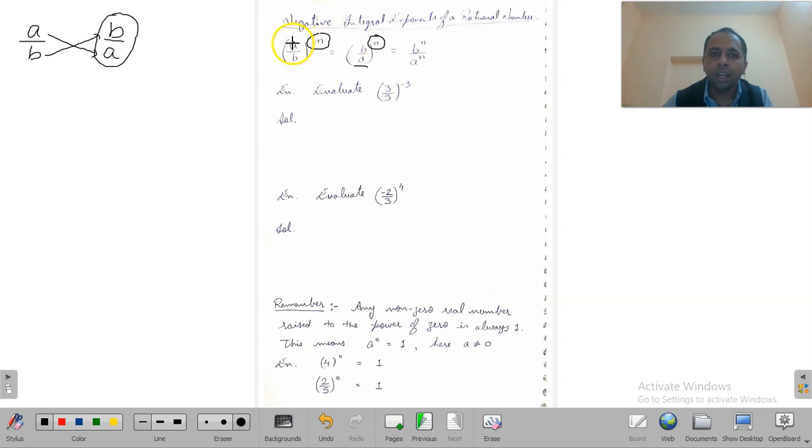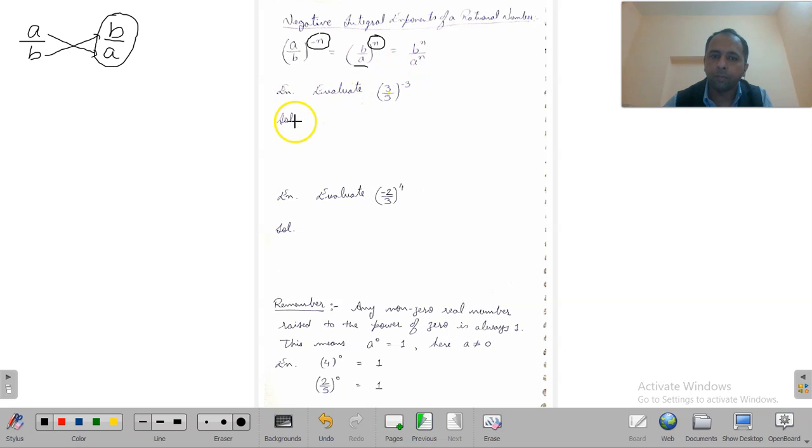So (a/b) to the power minus n can be written as (b/a) to the power n, and we have just understood that this can be written as b to the power n upon a to the power n.